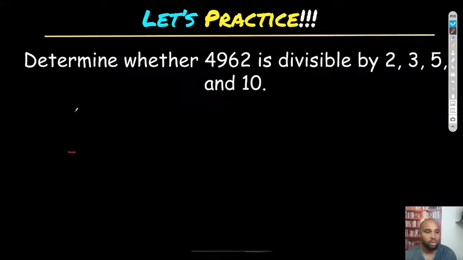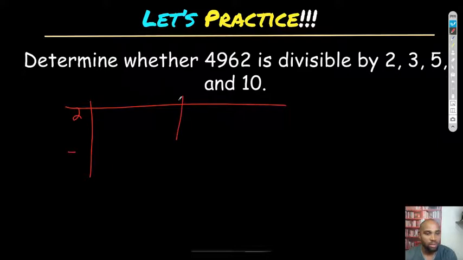And we're going to ask about 2. Is it divisible by 2? And we're going to say, ew, that's not that pretty. Divisibility, is it a 0, 2, 4, 6, or 8?